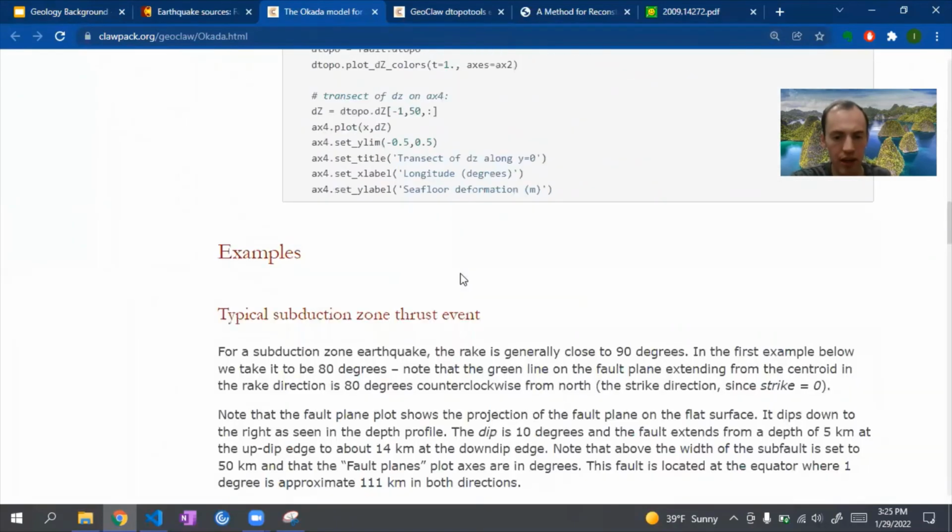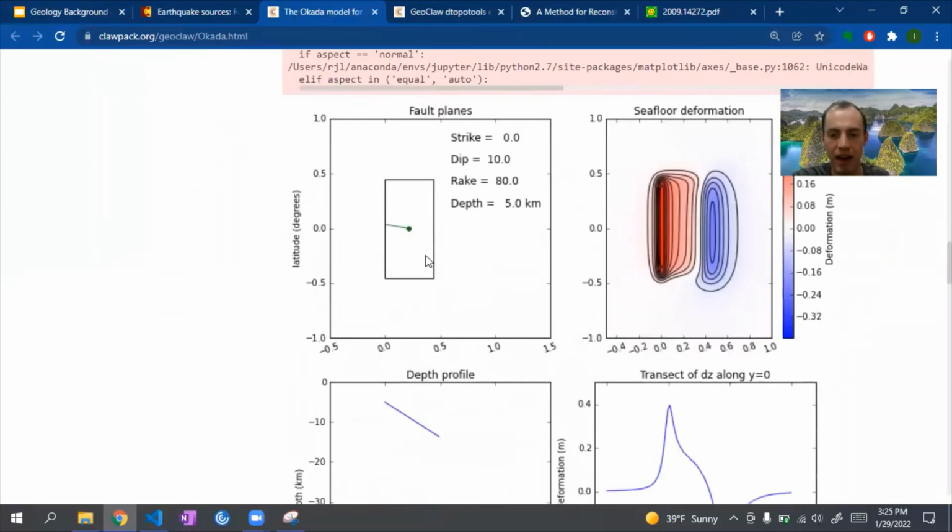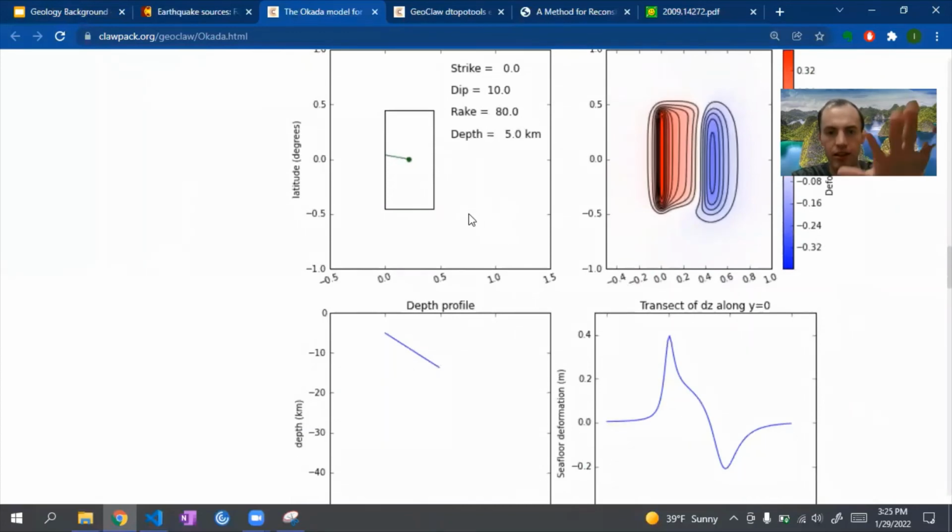Essentially what they're showing is that yes, we can model these little rectangles of a fault, and we define each one by the Okada parameters: latitude, longitude, strike, slip, dip, rake. Maybe I'm forgetting one or two of them, but I think you get the idea. So we see this is a top view looking down at that rectangle.